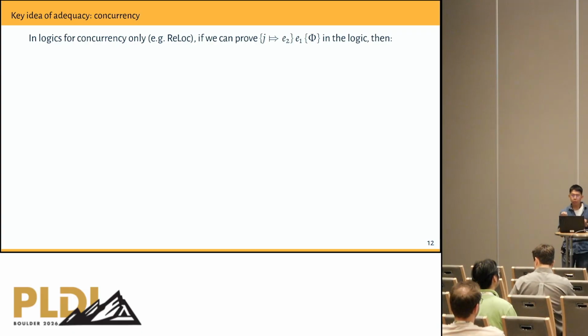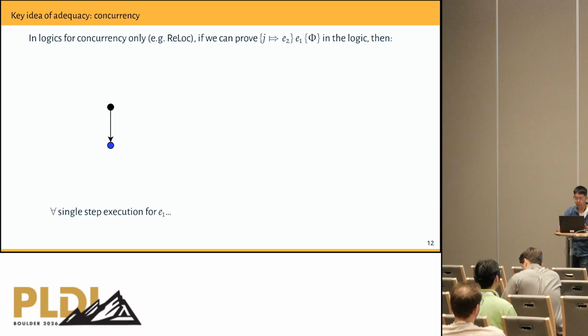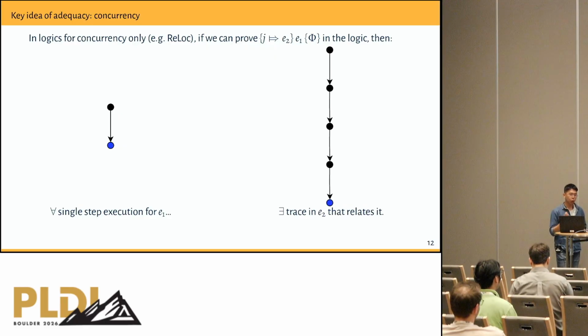If we look at the adequacy proof of ReLoc, it says that if you're able to prove this Hoare triple, what this means is that if you unfold this weakest precondition, then for every single step execution of e1, you can find and construct a witness trace for the right-hand side program such that their endpoints are related.